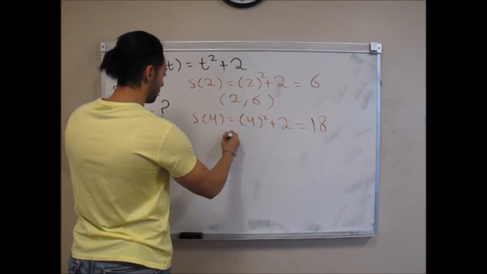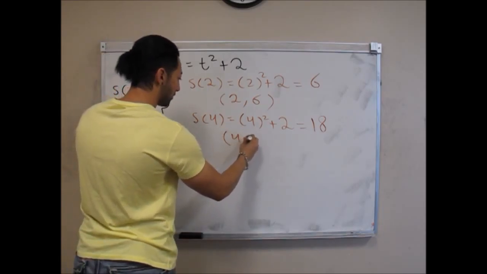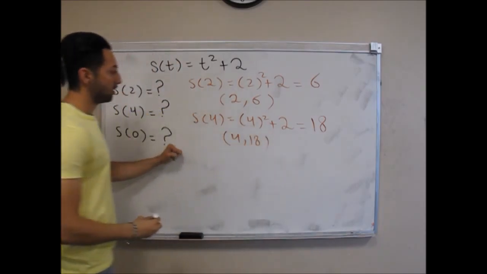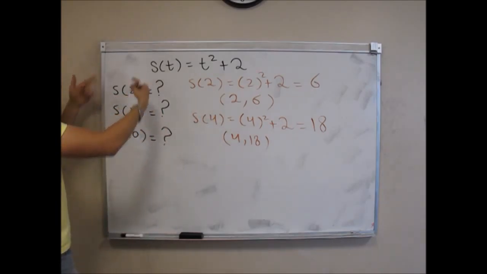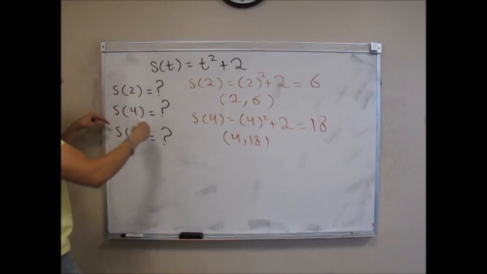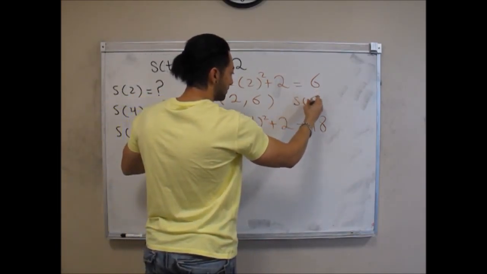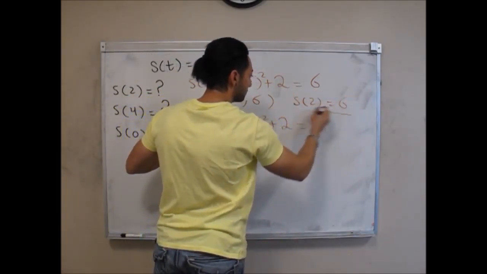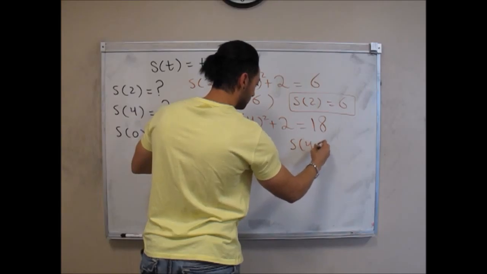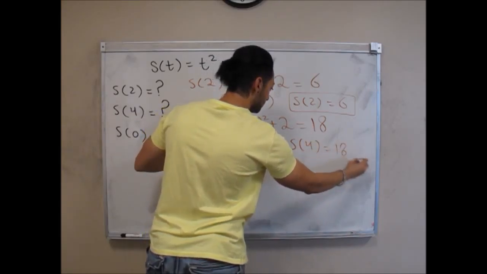So now we know the corresponding ordered pair would be 4 comma 18. And if you want to go off the way that this notation is, we could write it like this: s of 2 equals 6. For the previous one, we could write that s of 4 equals 18.